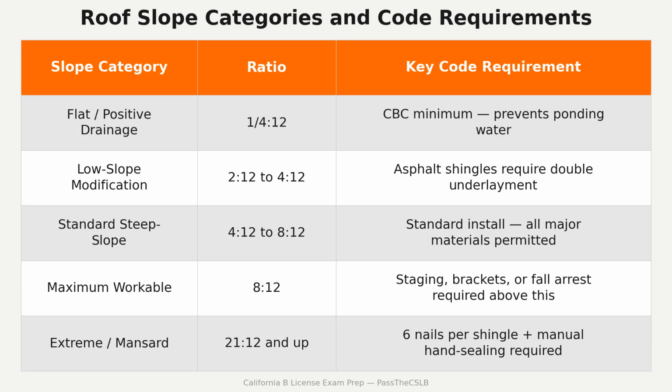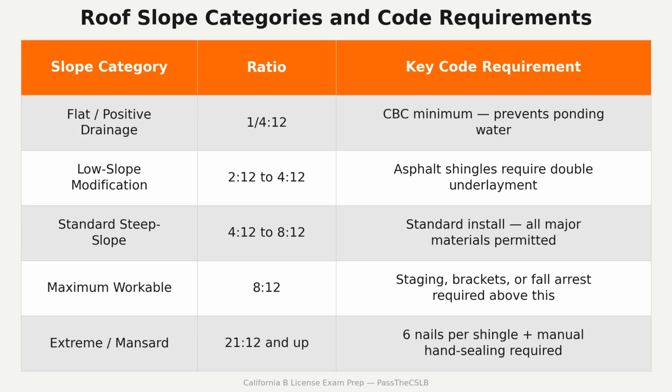The mansard roof has two distinct slopes on all four sides. The lower slope is extremely steep, sometimes nearly vertical. The upper slope is shallow. Think of the old Second Empire buildings in San Francisco's Victorian neighborhoods. That steep lower face is not just decorative. It creates a full additional story of usable space inside the roof structure without technically adding building height.